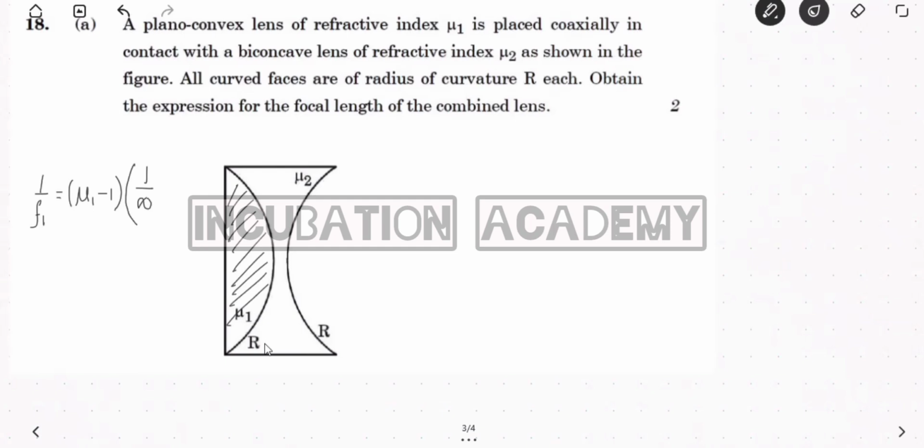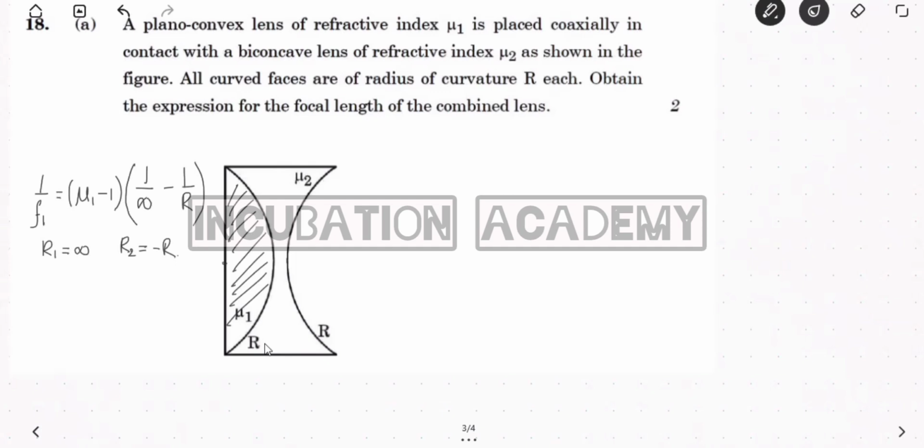So the value of r1 is infinity, whereas the value of r2 is minus capital R.